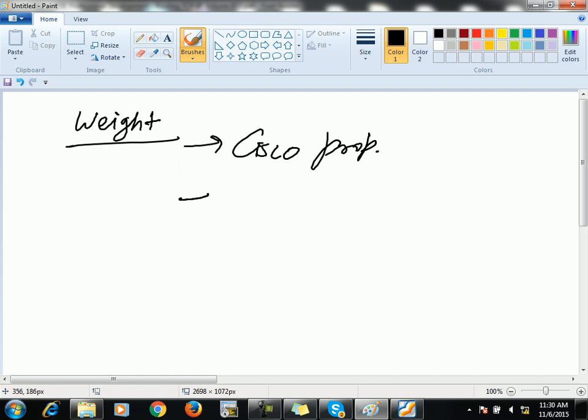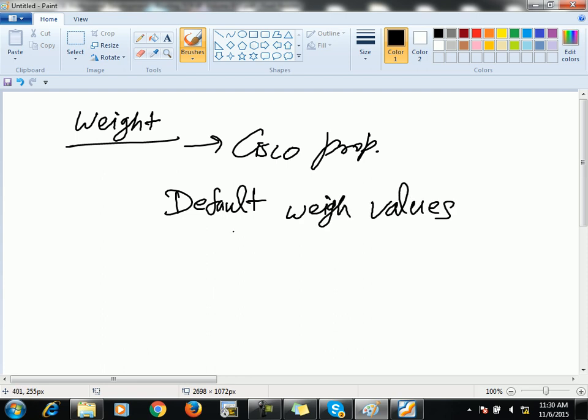Second, let me show you the default weight values.